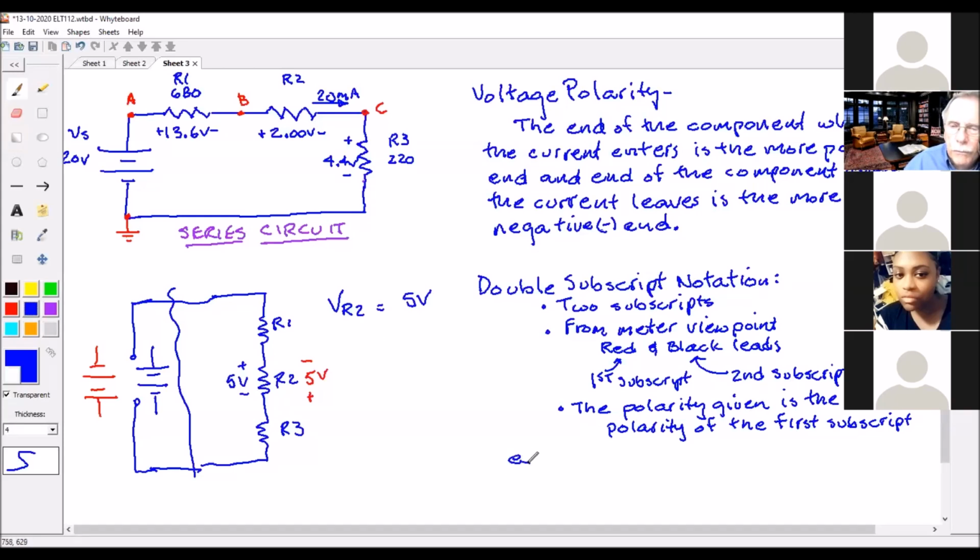So for example, in the circuit above, we could write VAB is equal to plus 13.6 volts.